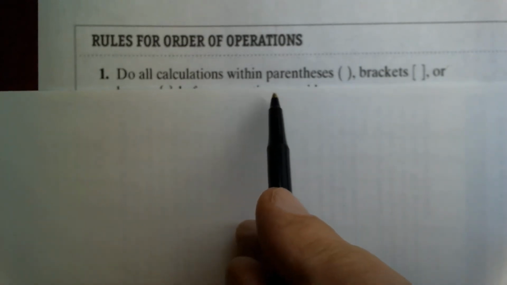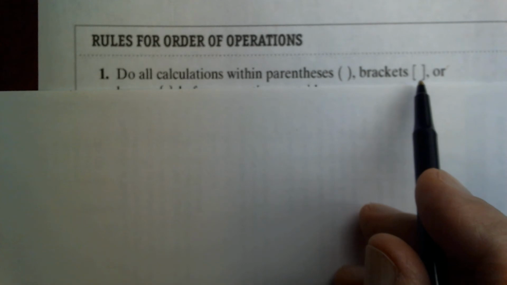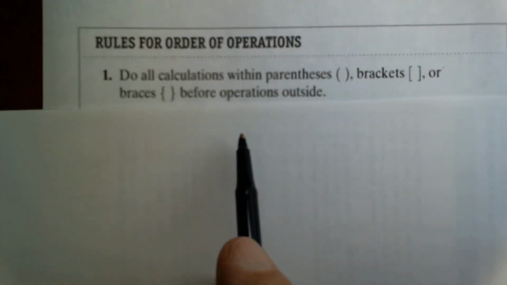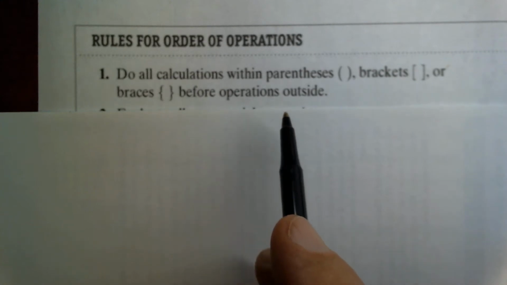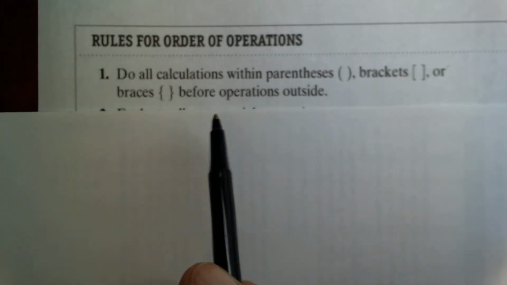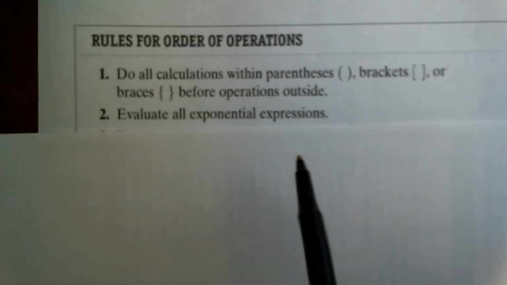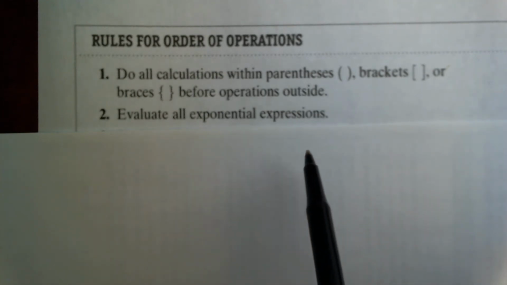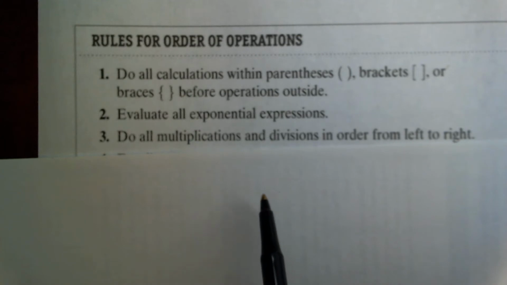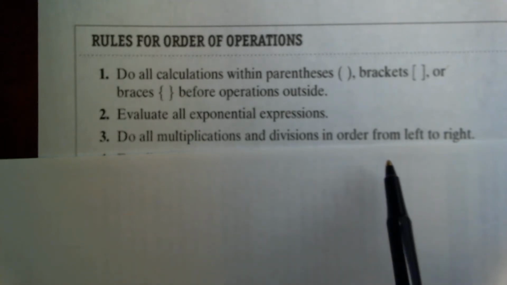So here's the order, or hierarchy. Do all calculations within parentheses, brackets like this, or braces, before operations outside. Now some expressions don't have parentheses of any kind, so you don't need to worry about that in some cases. Then we evaluate all exponential expressions, if there are any. And do all multiplications and divisions in order from left to right.